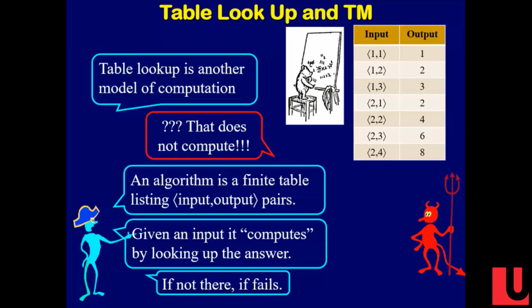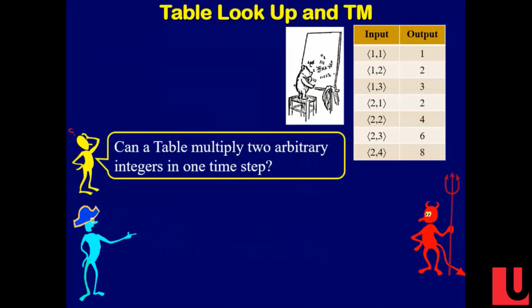All right, so now this is going to be exactly the same as we did before. Nothing new here. We're going to say various things about what you can and can't do with this. So here, can you use table lookup to multiply two arbitrary real numbers in one time step?